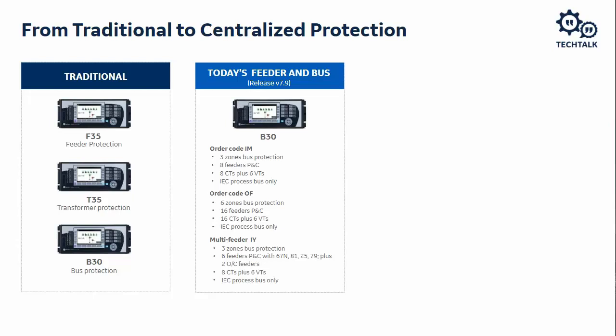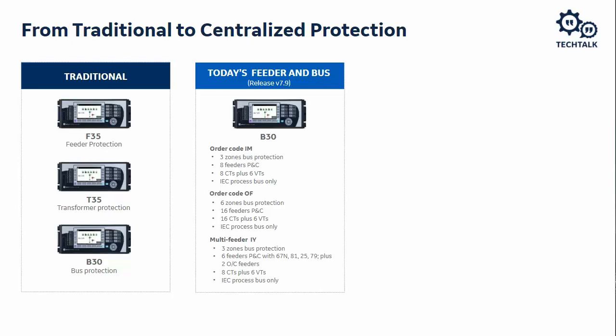But there are three different variants, three different software options. The order code IM gives you 3 bus protections, and you can have 8 CTs plus 6 VTs. Process bus only, and it can do 8 feeder protection and control. So this is very simplified feeder protection and control. This would be overcurrent.